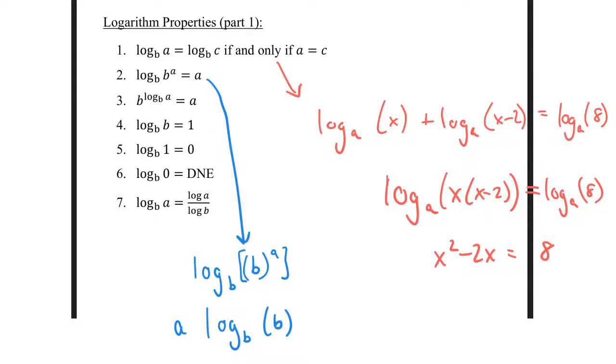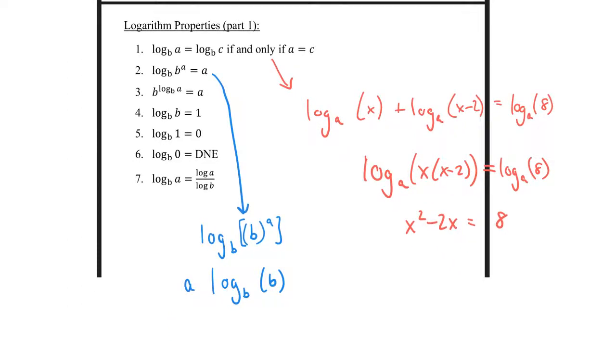Again, rule 4 is that if the base and the argument are the same, you always have a value of 1. So this again becomes just simply A times 1, or A, which brings me back to what I needed. So I'm just proving rule 2 real quick.